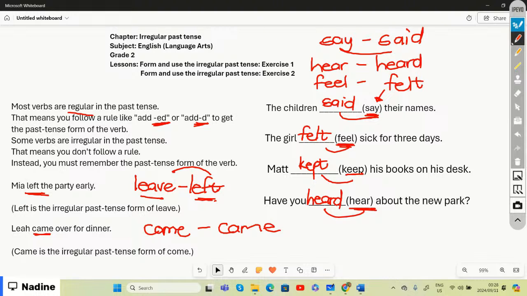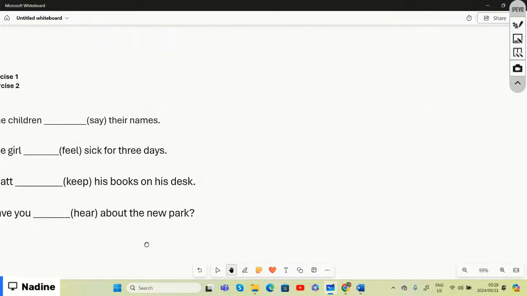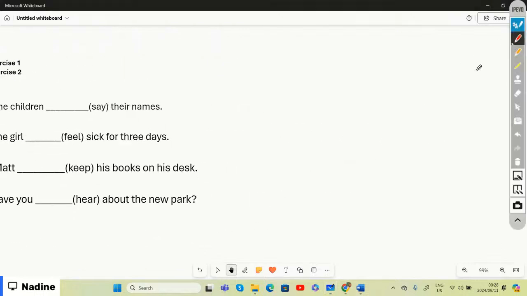But let's look at more words. We're going to identify a few more irregular past tense words. I'm going to write down a few words and you are going to give me the past tense of that word, right? Because this is going to be irregular past tense.